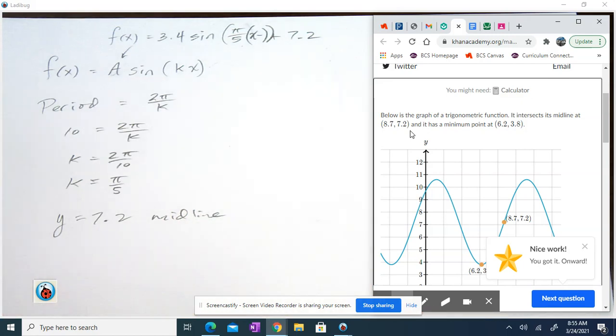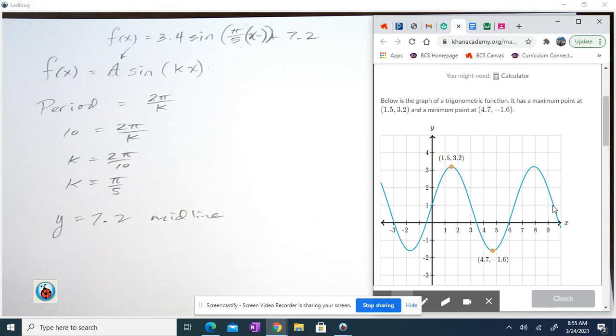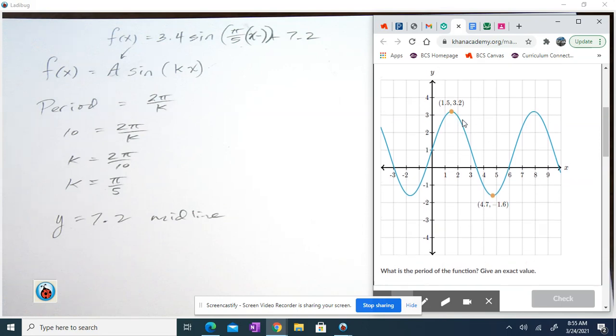All right, let's look at another one. This time, again, we're looking for the period. So top to bottom, back to top. So this is half of a period. All I have to do is find the distance from 1.5 to 4.7 and double it, to get back to the top.